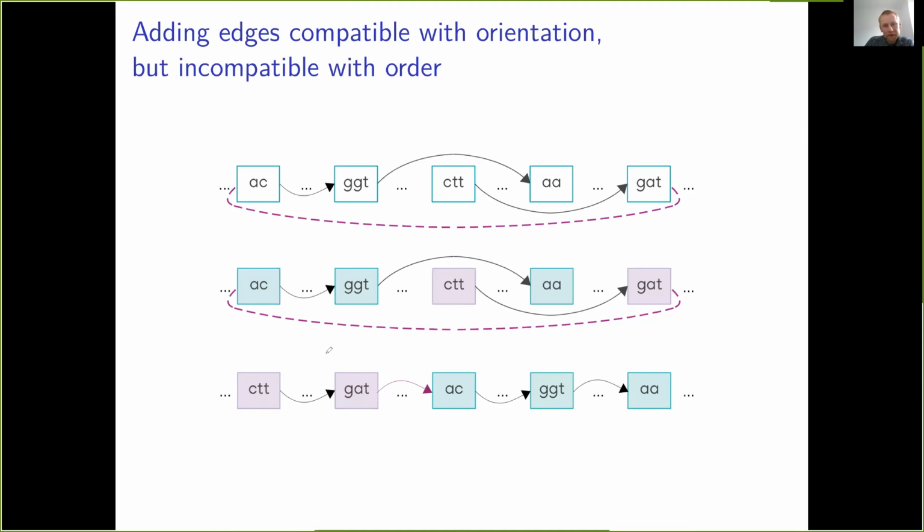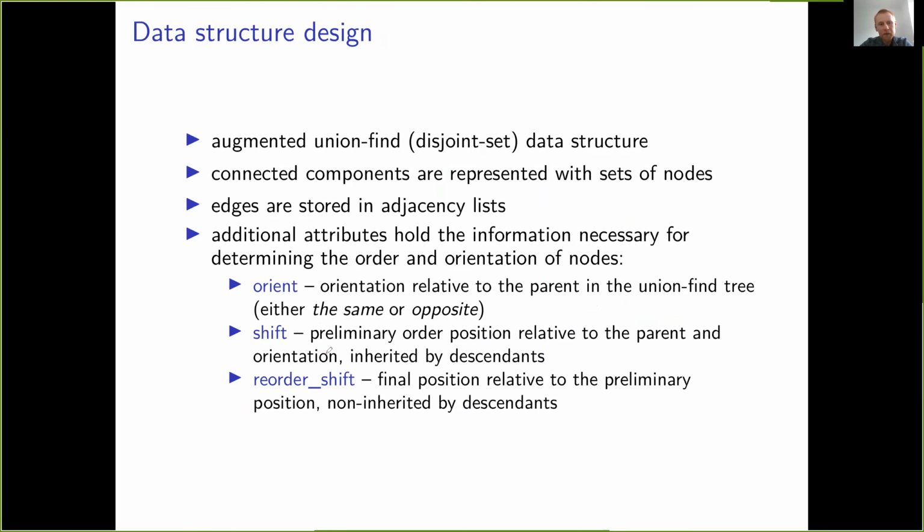So these are the main ideas of the algorithm. And to make it efficient, we need to carefully design the data structure. Our data structure is based on the classic disjoint set data structure, also known as a union find structure.